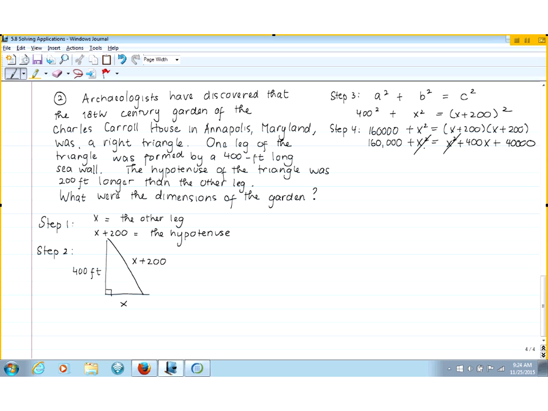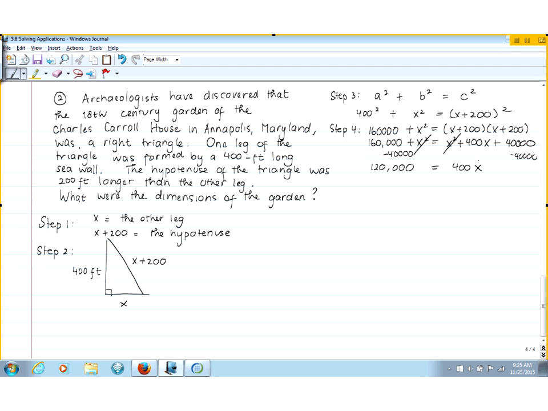Lucky, x squared cancels, right? Otherwise, you have to factor. It's a very big number. So, what would you do next? Subtract 40,000. Okay. So 400x is equal to 120,000.